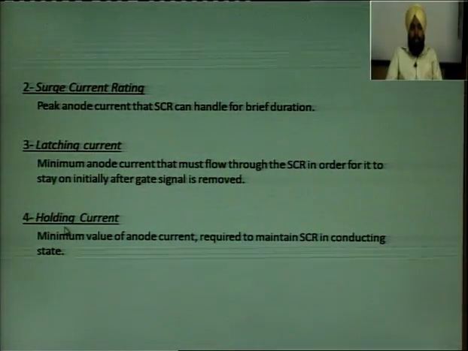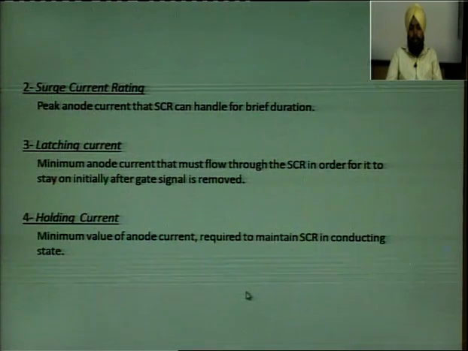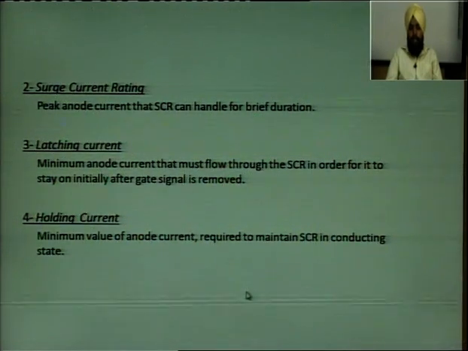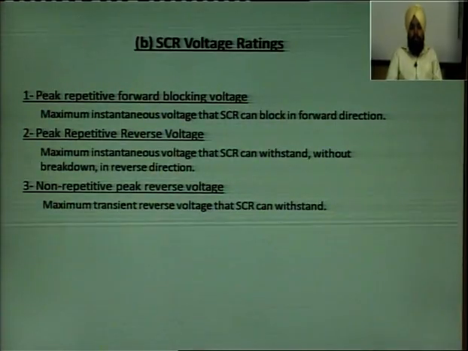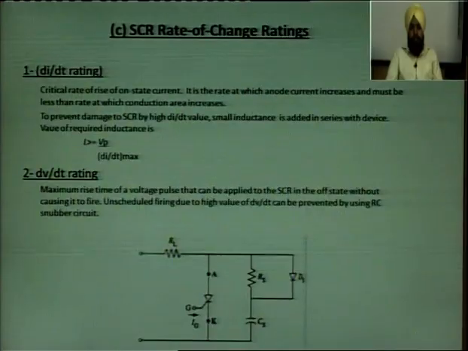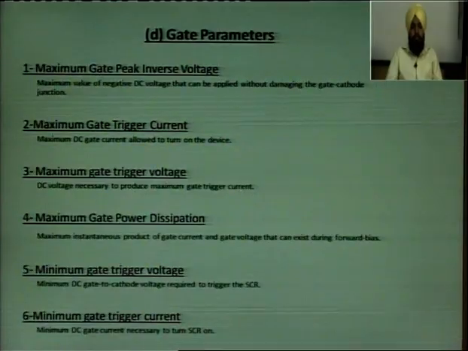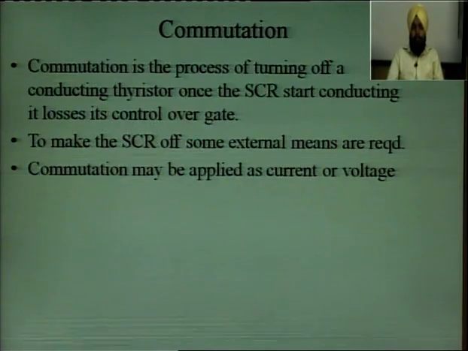And holding current is the minimum value of anode current required to maintain SCR in conducting state. Then peak repetitive forward blocking voltage, SCR voltage rating, peak repetitive reverse voltage, non-repetitive peak reverse voltage, di/dt ratings, dv/dt ratings. So, these are gate parameters.